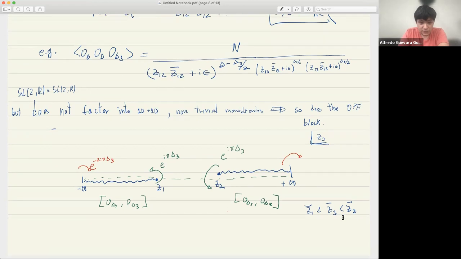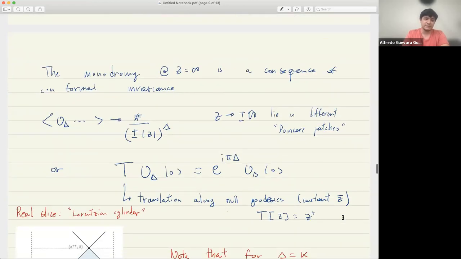All right. So this monodromy is very important. It's a consequence of conformal invariance, as you can check just from any correlator. If you take Z to be minus or plus infinity, there is a monodromy at that point. So we say that minus and plus infinity are not identified, but they lie in different Poincare patches because they are basically different.